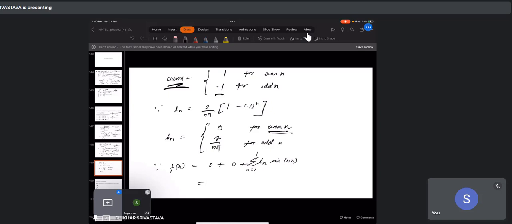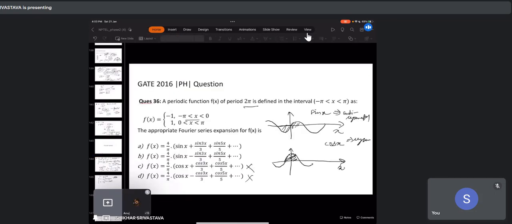So b1 will be what? b1 will be 4 by pi sine x. Similarly, when you put n equal to 3, taking 4 by pi common, you get 1 by 3 times sine of 3x. Similarly, 1 by 5 sine of 5x, up to infinity. So only these terms will be there in the Fourier series expansion. So option A: 4 by pi, sine x plus sine 3x by 3 plus sine 5x by 5. So you no need to find all the coefficients.